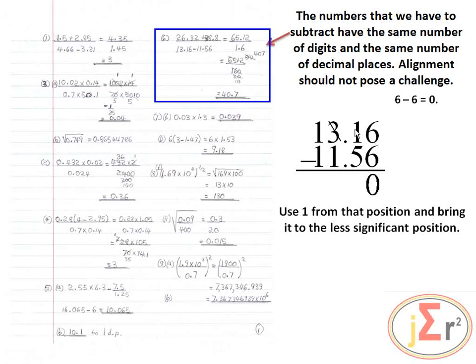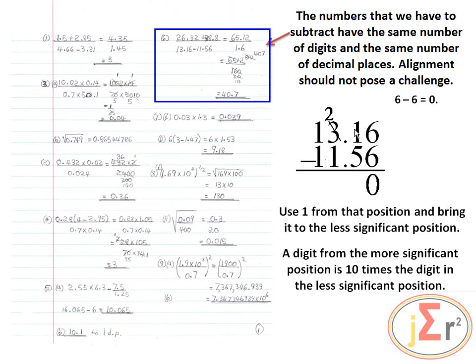So 3, 2, and down here a digit from the more significant position is 10 times the digit in the less significant position. So it will be here as 10, and 10 plus 1 is 11. So we will be subtracting 11 now. So 11 minus 5 is equal to 6.